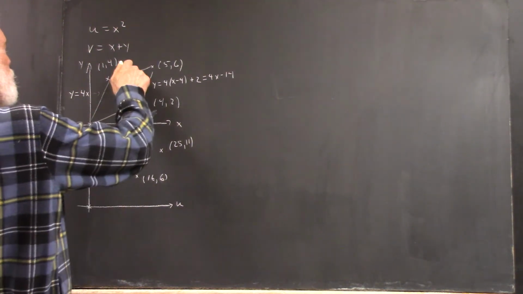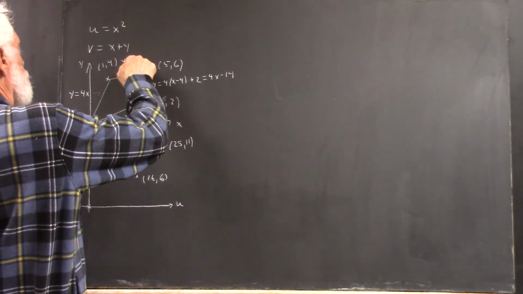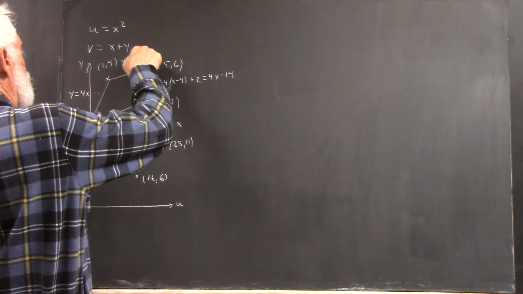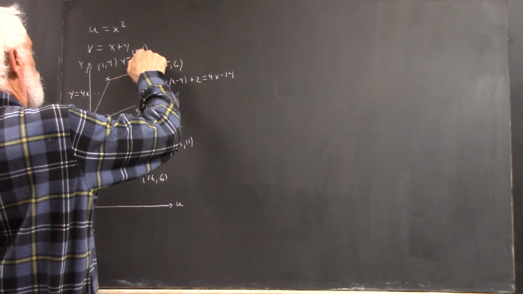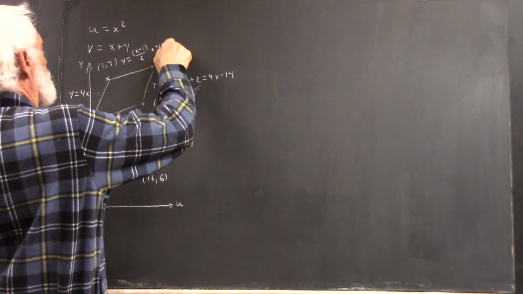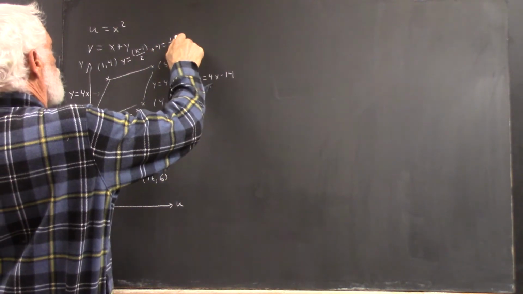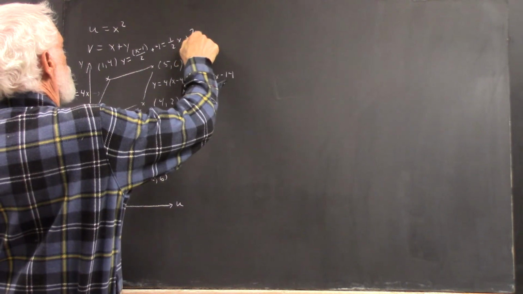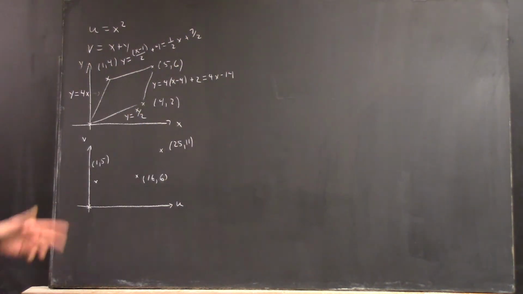So this should be y equals the quantity x minus 1, over 2, plus 4, which is 1/2 x plus 7/2. Now let's check that.